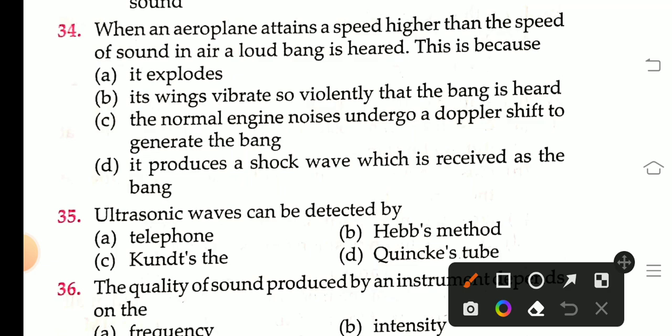Right answer will be option D. It produces a shock wave which is received as the bang. Next, ultrasonic waves can be detected by. Right answer C. Kundt's tube.